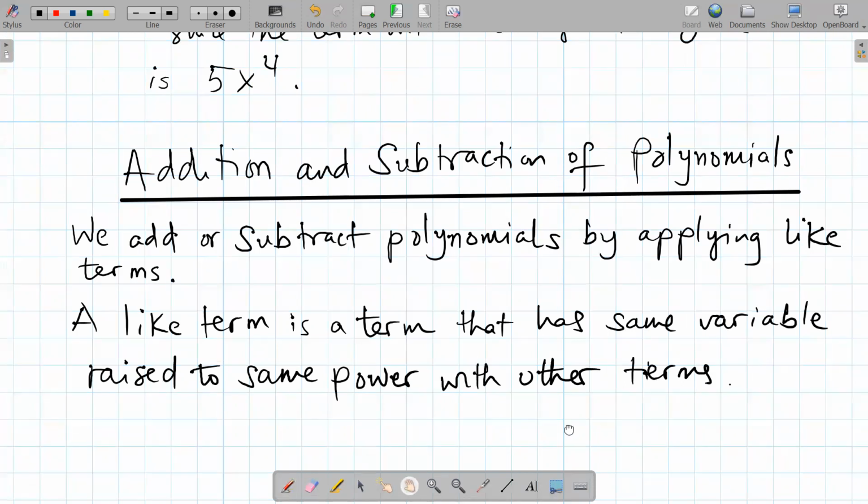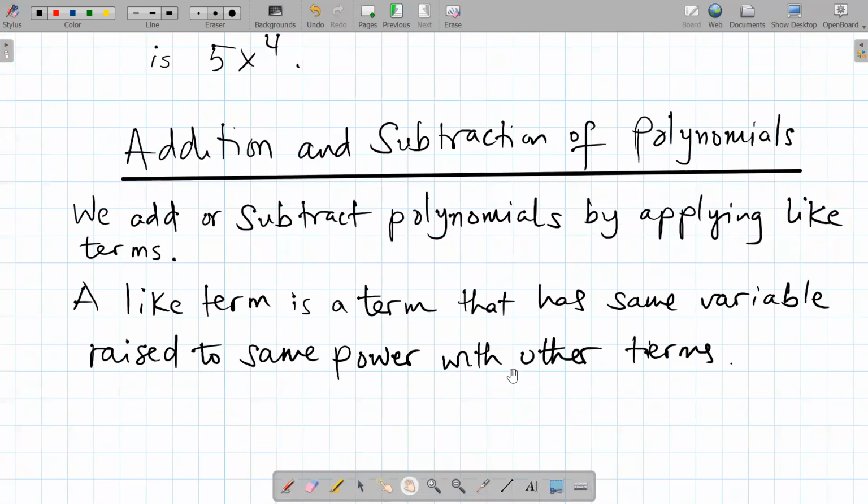Okay. Or better still, if we're talking about like terms, they are terms with same variables and with same powers.